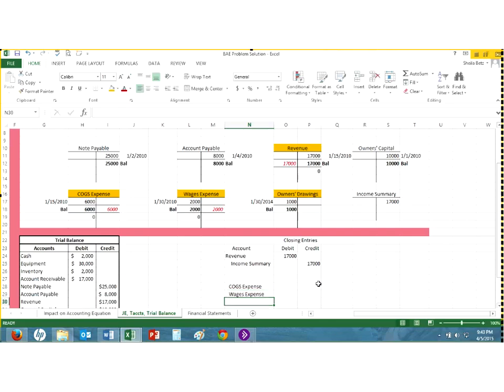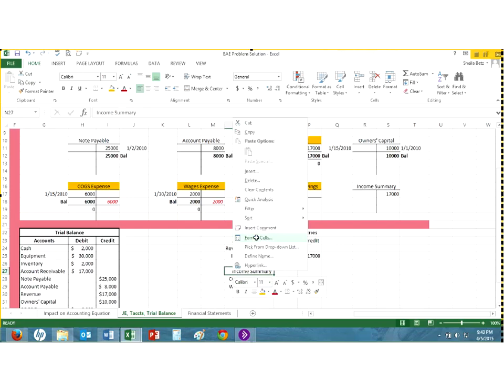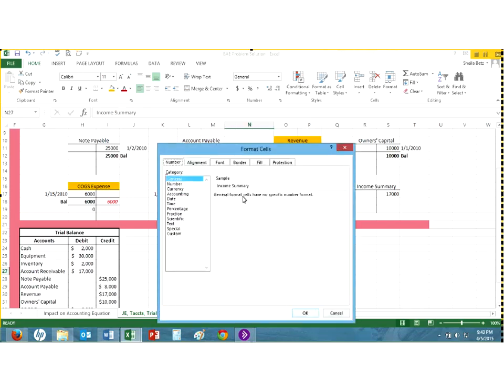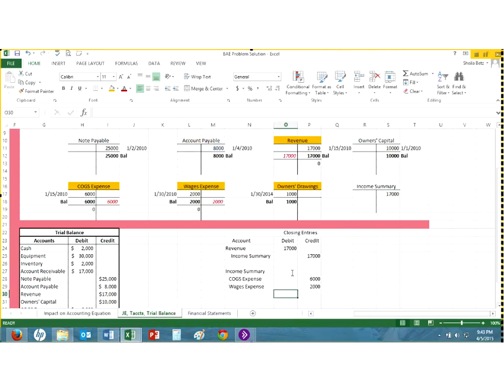I'm going to credit them for the $6,000 of cost of goods sold and the $2,000 of wages expense. But I'm going to move them to Income Summary. So I'm going to debit income summary for $8,000, which is the sum of the expenses.